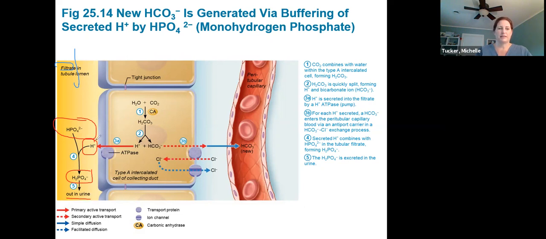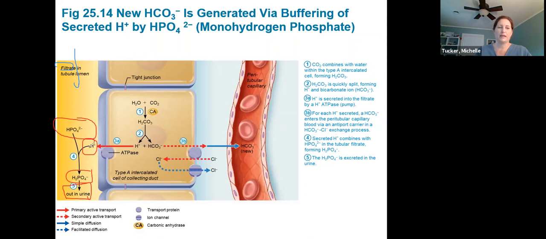So in this process, we truly lose a hydrogen ion because it is captured by the phosphate buffering system and excreted. Unlike in the previous pathway where it becomes a component of water that is reabsorbed, this hydrogen ion is going to get excreted as part of dihydrogen phosphate in the urine.